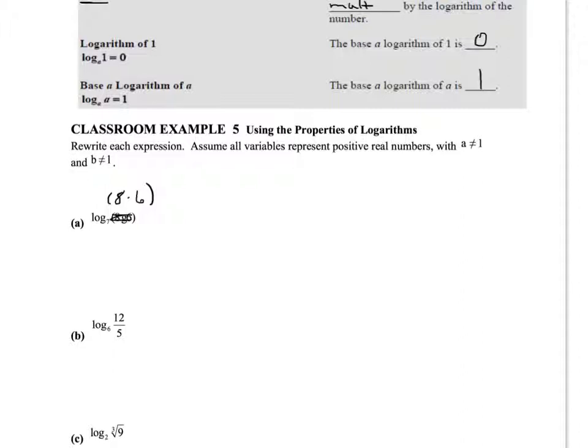If I go back and look at those rules, that product rule tells me that it would become log base 7 of 8. And because I was multiplying, I'm going to separate these with plus signs. So log base 7 of 8 plus log base 7 of 6. And that uses that product rule for logarithms.